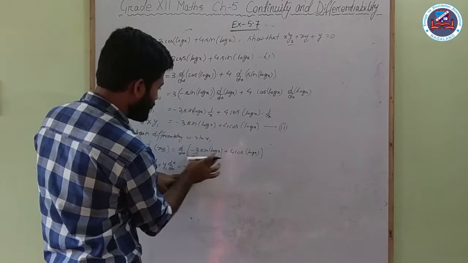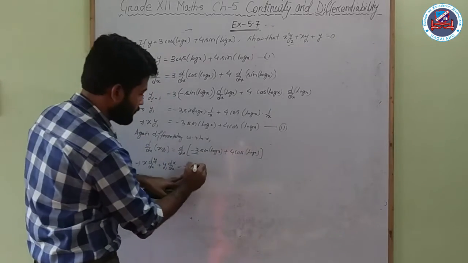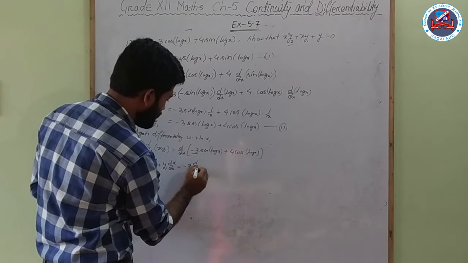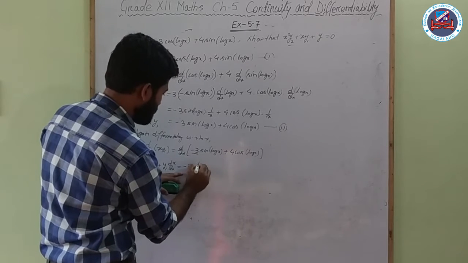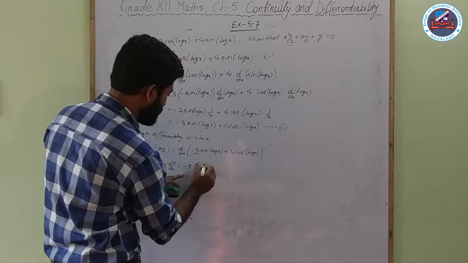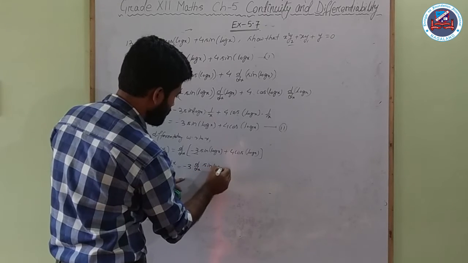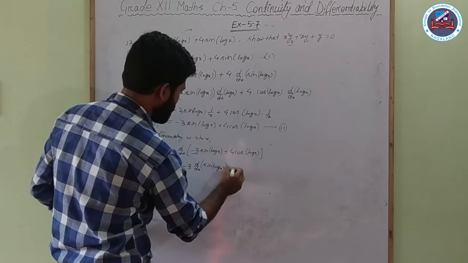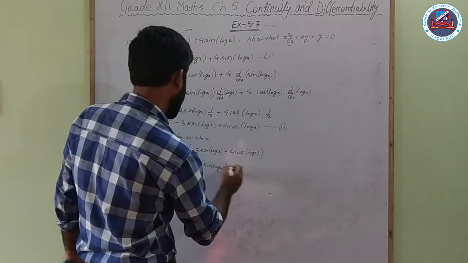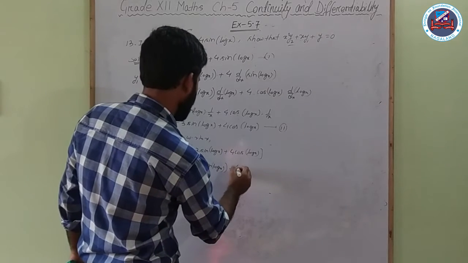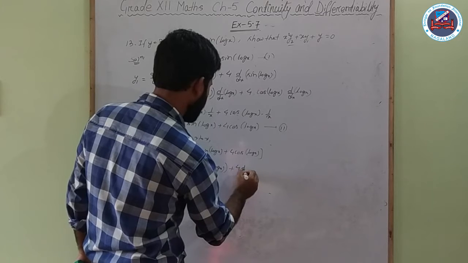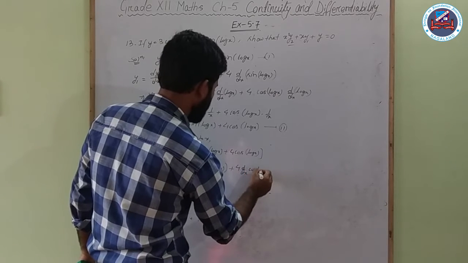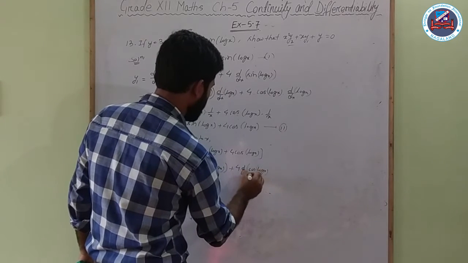Now take the derivative of this sine of log x. So this will be d/dx of sine of log x plus, here we have minus 4 into d/dx of cos of log x.